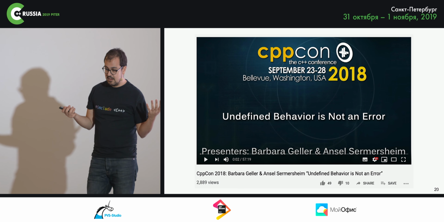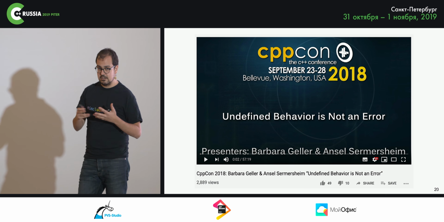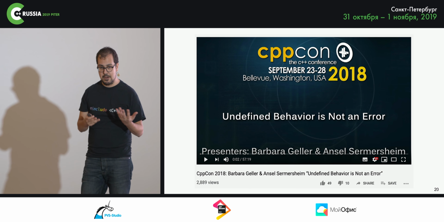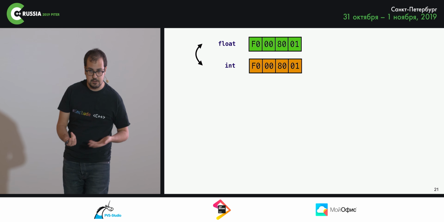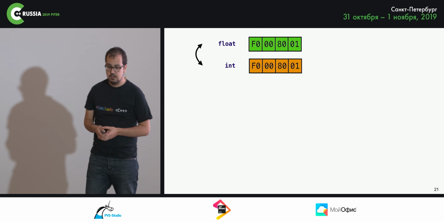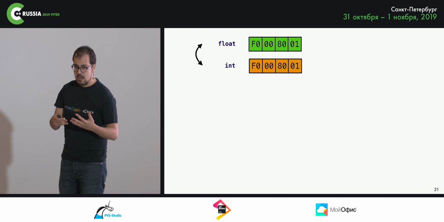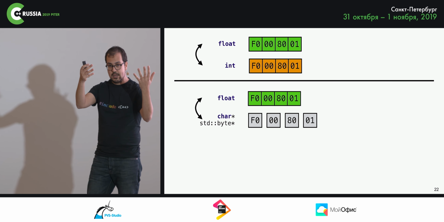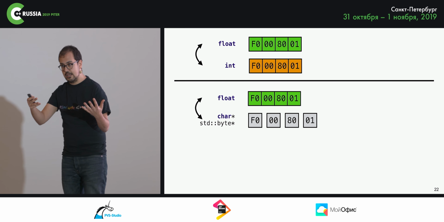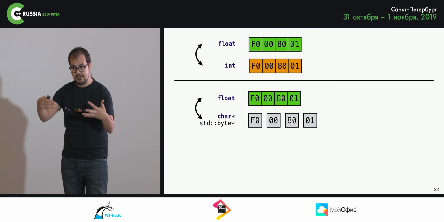So I looked at this and found that there are broadly 3 different categories of this kind of type punning. One is you have 2 unrelated types, for example, float and int, or widget and gizmo, and you want to type pun one to the other. Then there's another case, where you have an object and you want to look at the bytes of that object, or the other way, you have bytes and no object, and you want to look at those bytes as if they were an object.